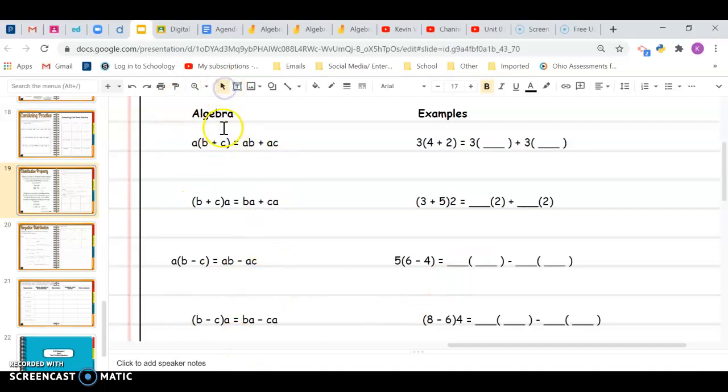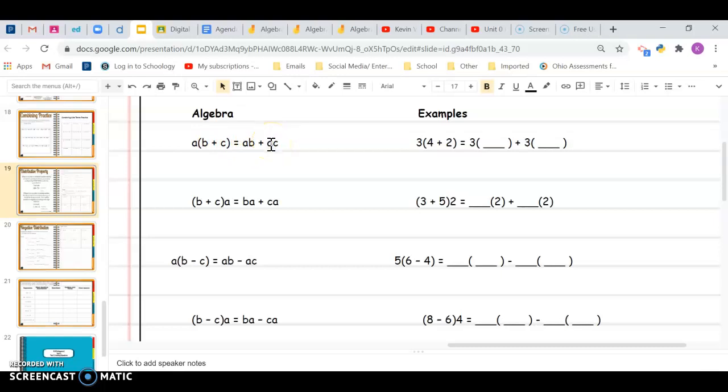Over here on the left, we have just a couple of general ways that this distribution can look based off of wherever the term is that we're distributing looks like. So over here, we see that the term that we're distributing is in the front, and it's being multiplied by a set of parentheses. So if we got A times B plus C, that would turn it into A times B plus A times C.